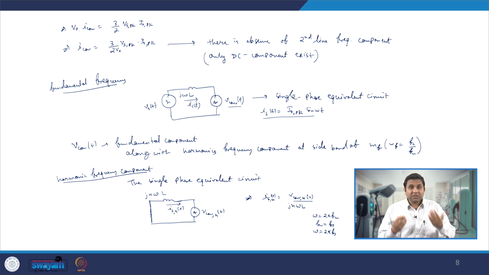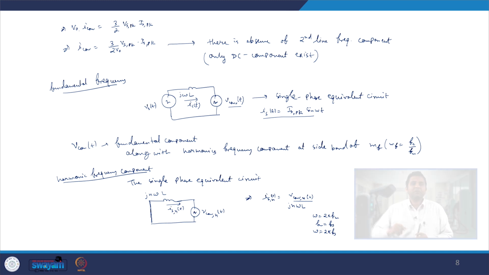However, along with this fundamental component, we also have the harmonic current. That happens because the output of the half bridge, which is the average pole voltage variation, has the fundamental component, and along with that it has the harmonic component at the side bands of MF, or the side bands of the carrier frequency, which we have studied in lecture number 22.